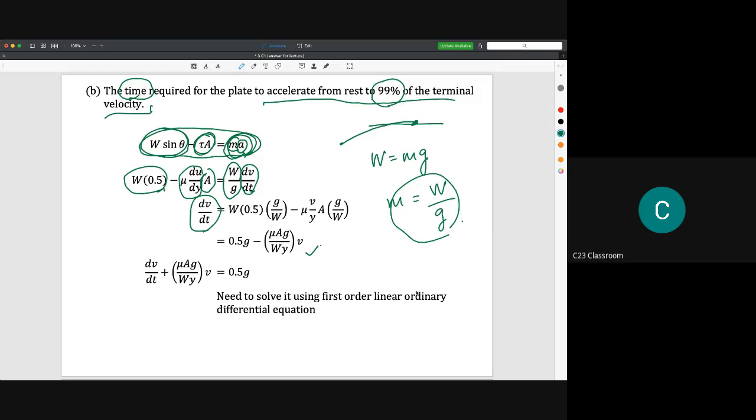We have dv dt equal to 0.5 g minus mu A g over W y times v. To make our calculation easier, normally people will bring this one to the left hand side and we start our calculation with this one. So we have dv over dt plus mu A g over W y times v. This is the velocity. And then 0.5 g.